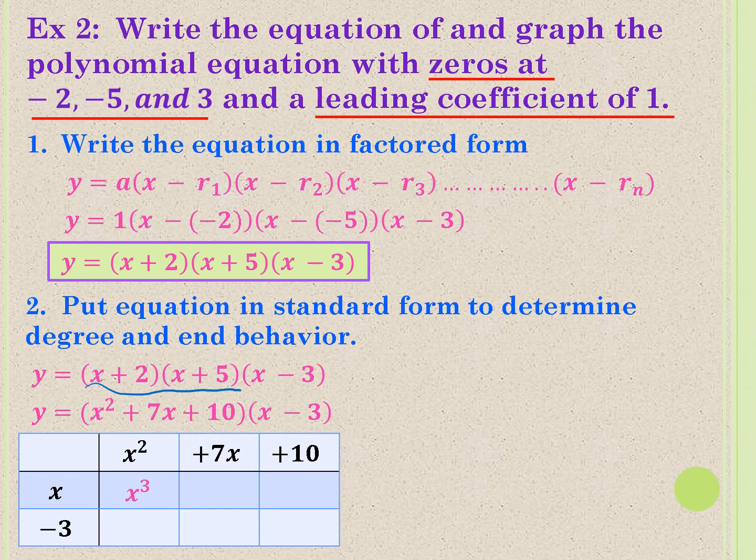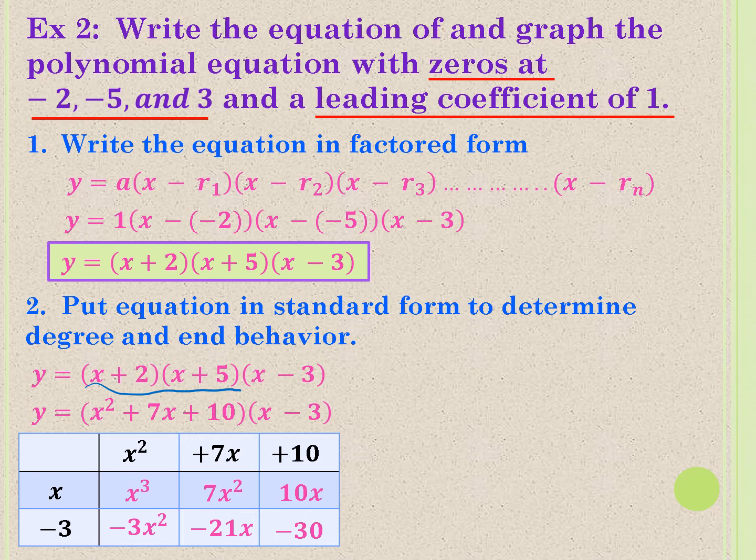So x times x squared is x cubed. X times 7x, 7x squared. X times 10, 10x. Negative 3 times x squared, negative 3x squared. Negative 3 times 7x, negative 21x. And negative 3 times 10 is negative 30.